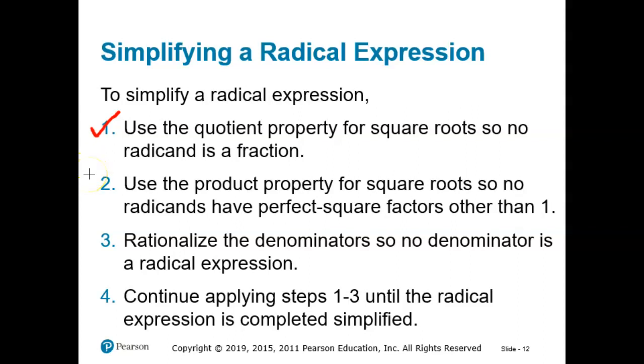We use the product property, so the square roots and radicands have perfect squares in them, so rewriting them with 4, 16, 25, 9, etc. When we say rationalize the denominator, we are talking about multiplying the denominator by itself if there's a square root, so that we get rid of any square roots in the denominator, and then we repeat until everything is simplified. Those are the steps for simplifying a radical expression.